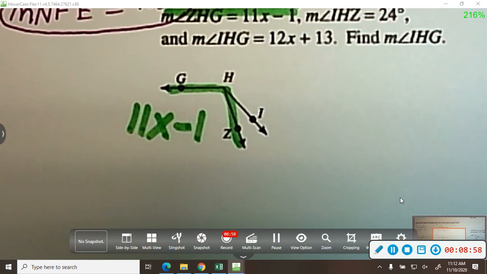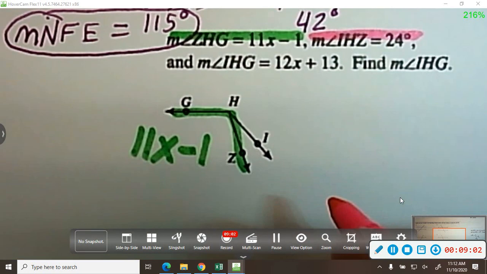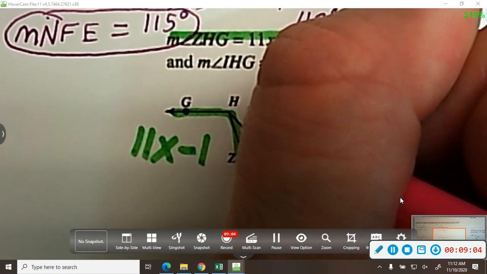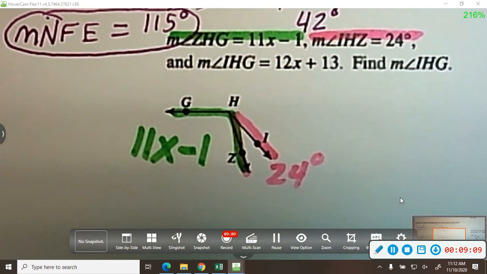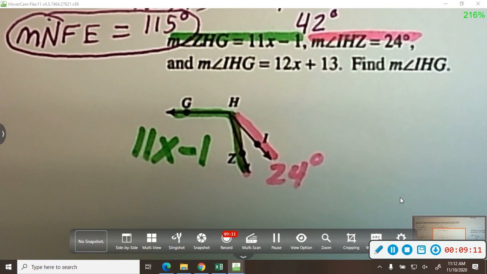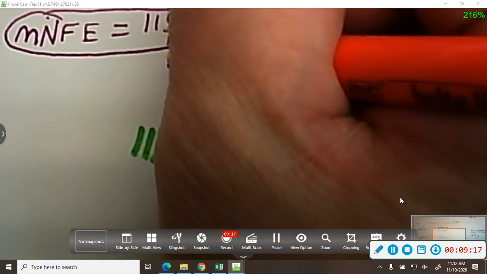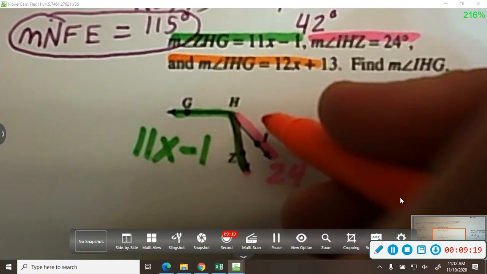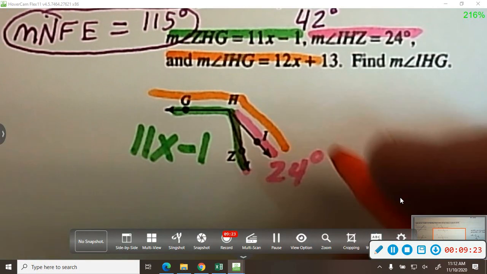And I know the measure of IHG, this one, is 24. And then they also tell me that the measure of the whole thing, IHG, the whole thing, is 12x plus 3.